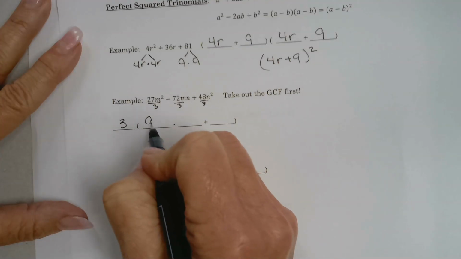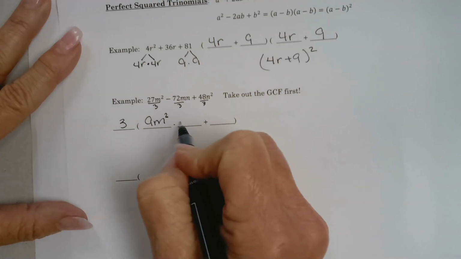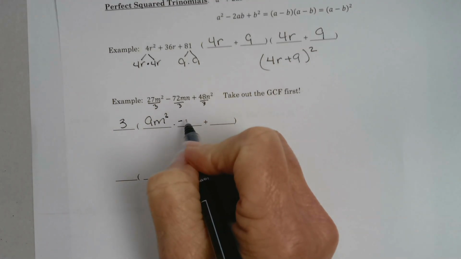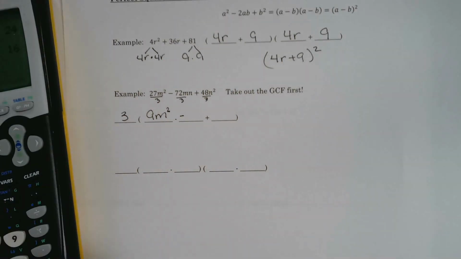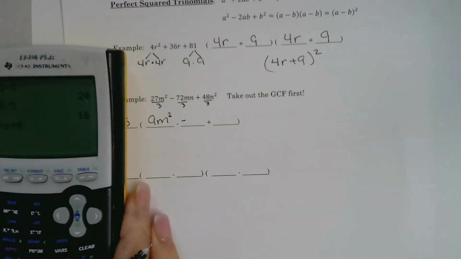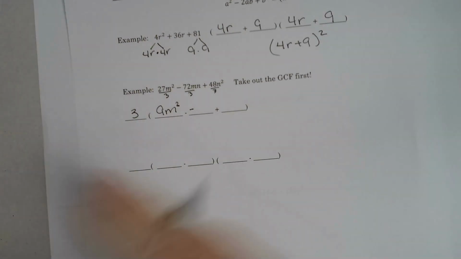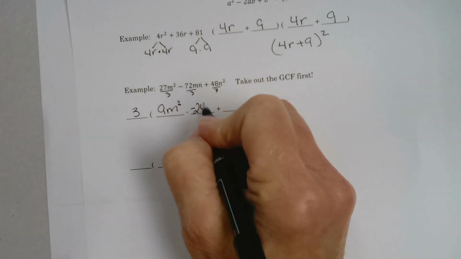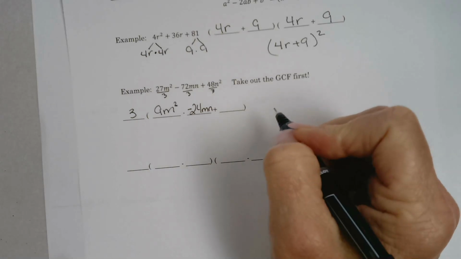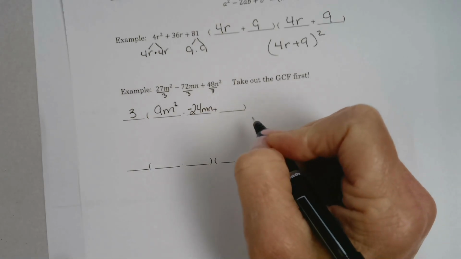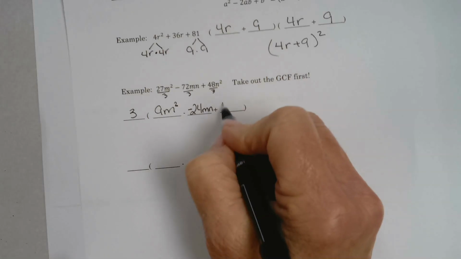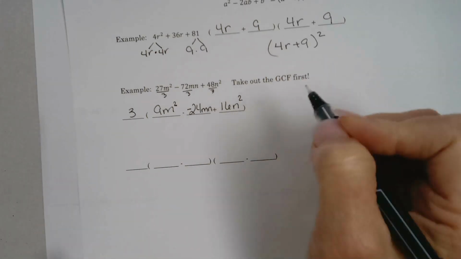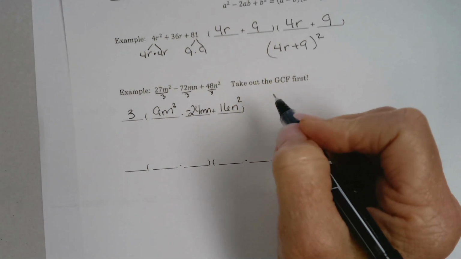That leaves me with a 9m squared minus, let's see, what is 72 divided by 3? Let's go up. 72 divided by 3, I had it written down as 24. So this is a 24mn. And then 48 divided by 3 is 16. So we have 16n squared.